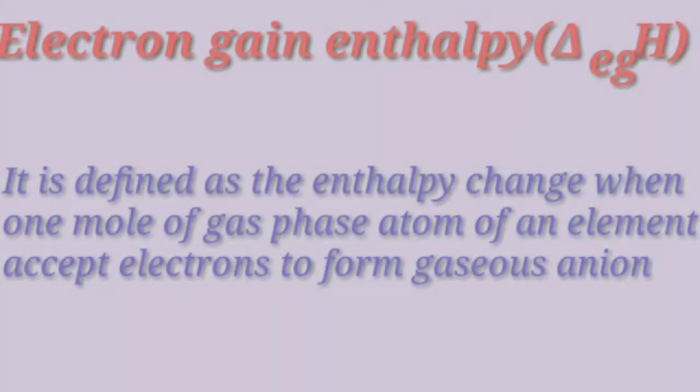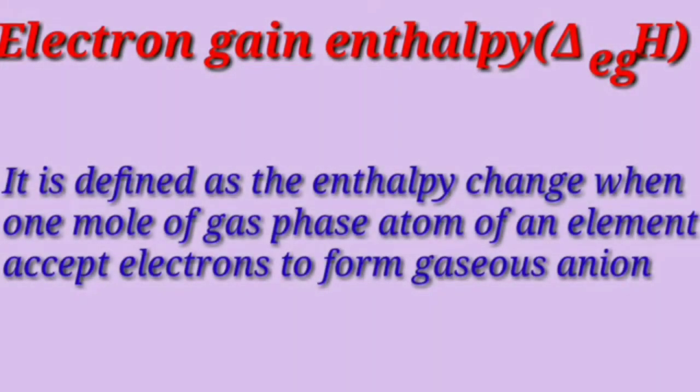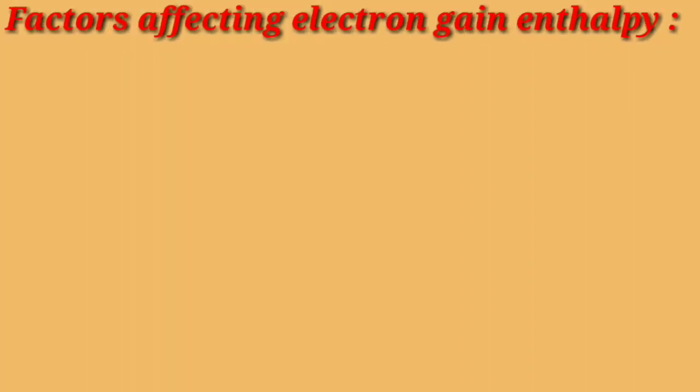The third property is electron gain enthalpy. It is defined as the enthalpy change when 1 mole of gas phase atoms of an element accept electrons to form gaseous anions. Let us discuss the factors affecting electron gain enthalpy.